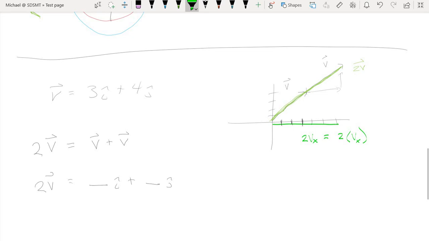So my vector 2V has an x component which has to equal twice the original x component, or 6. Likewise, the y component of the resultant vector just has to be twice the value of the original y component, which was 4. So now it's 8.